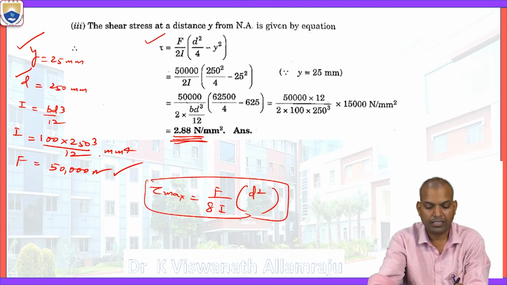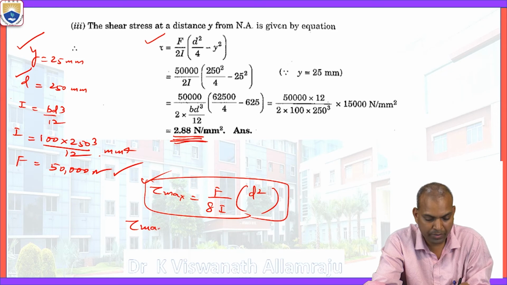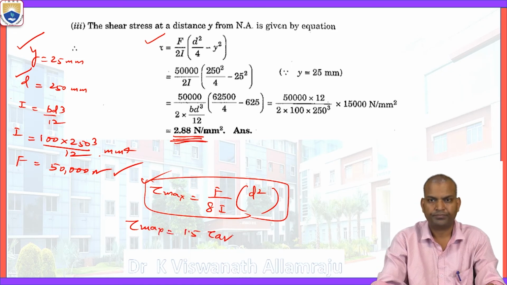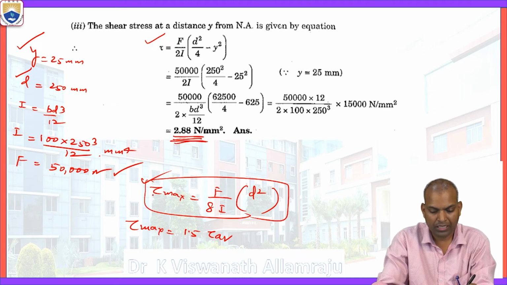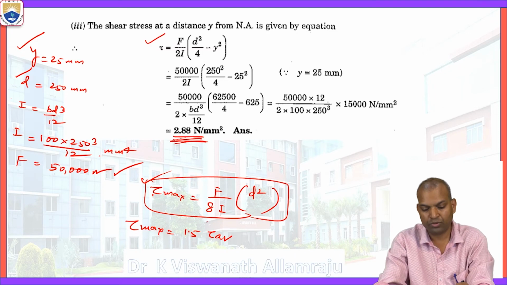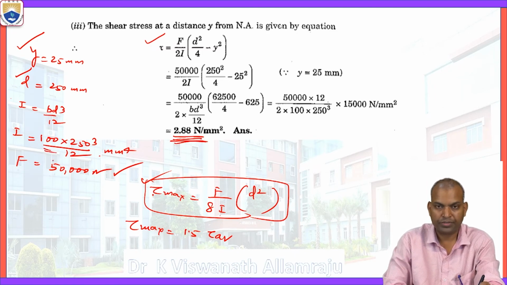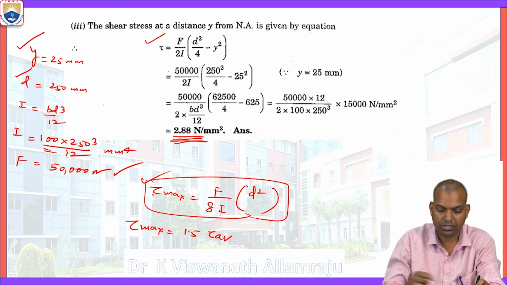From this also we can calculate, the way we used tau maximum equal to 1.5 times tau average, but we can also calculate directly. We know the depth, that is 250, and I is BD cube by 12. After substituting all these known values, we get the maximum shear stress value.